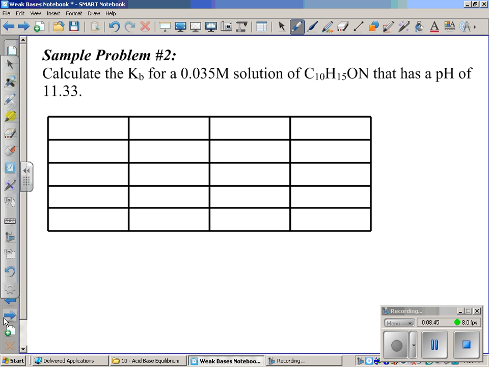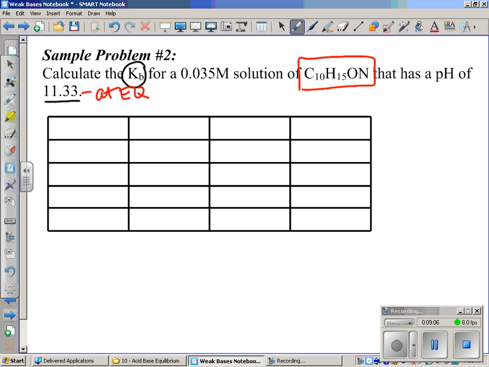So let's go ahead and figure out the second type, which is finding Kb. See here it says calculate Kb when given the pH. So here's the pH. Just like we said before, pH is always at equilibrium. That is a very important point. Okay, and again, it looks like you only have 3 boxes there, so you're probably going to draw yourself in a 4th box.